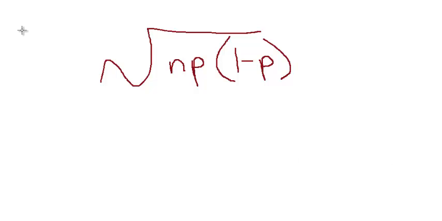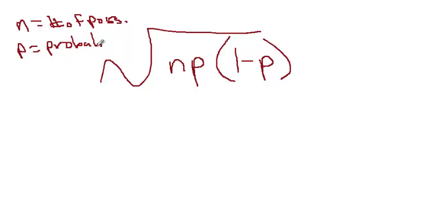Let me write that over here. n is the number of events. Maybe I shouldn't have said possibilities before. p is the probability of each one, times 1 minus the probability of each one. In other words, it's a little simpler because it's binomial.